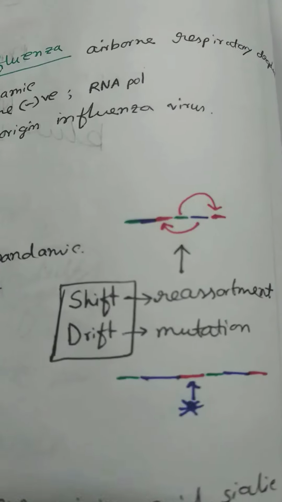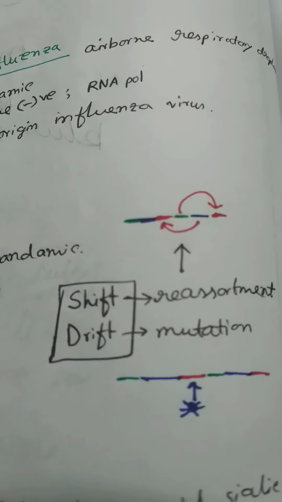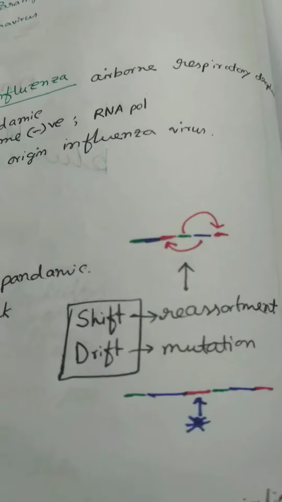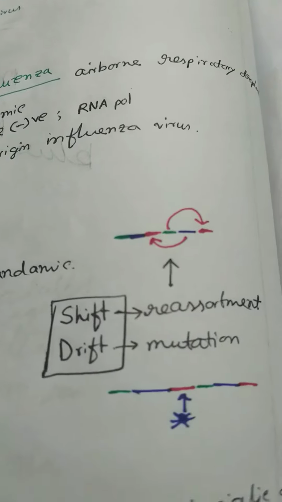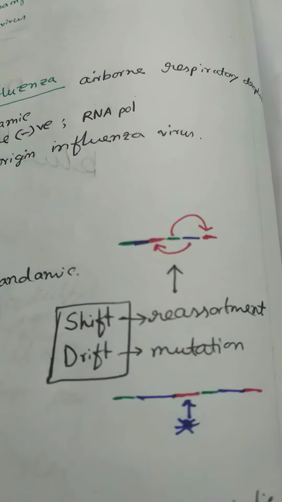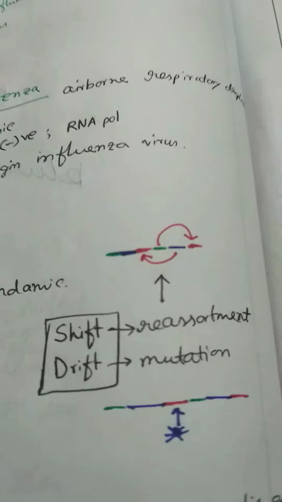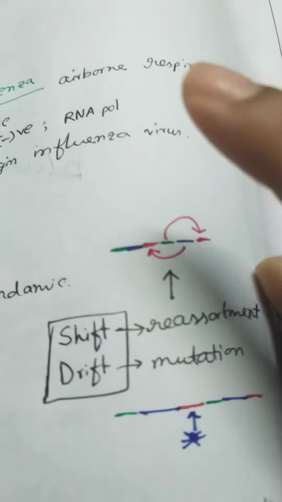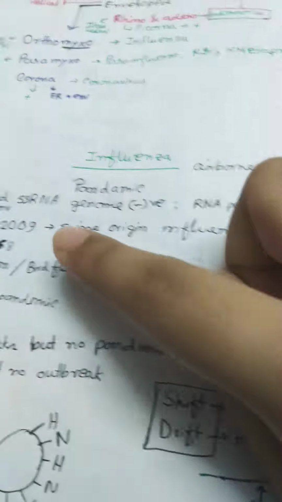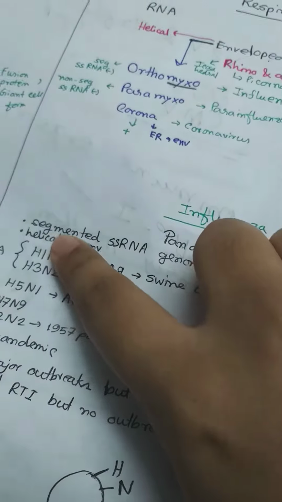So there is an important term, that is antigenic shift and antigenic drift. Antigenic shift is the reassortment of the segments of the RNA genome, and antigenic drift is mutation in the RNA genome. As for example, the influenza virus has a segmented single-stranded RNA genome.